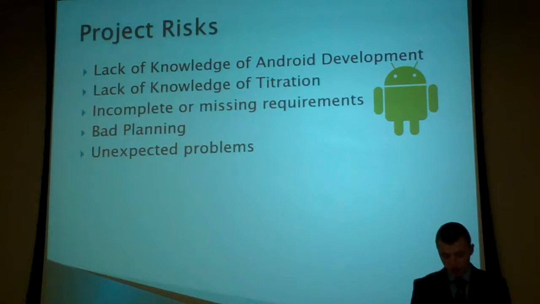Lastly, unexpected problems in our project. We actually lost a team member, so there used to be 5 of us. And to remedy this, we actually implemented pair programming. But we actually did this right after we lost our teammate because it was a lot easier to have pairs with an even number.